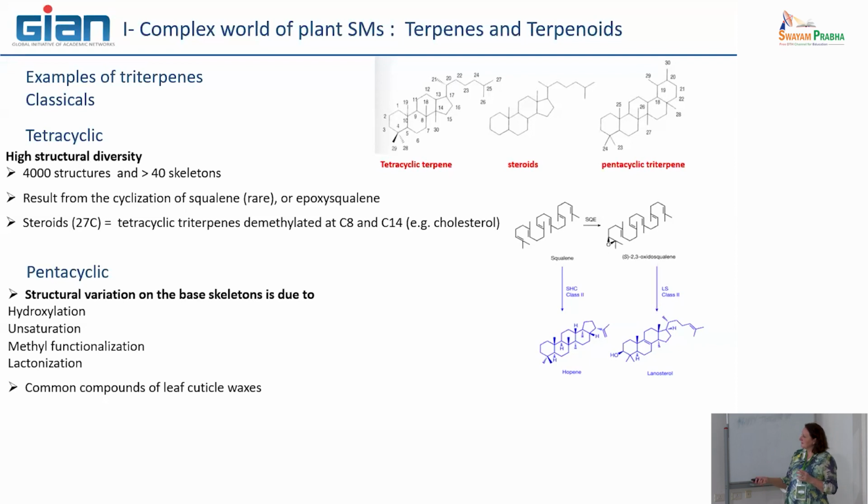In particular, these molecules are important in the cuticle of the plants. This is a particular thin layer that covers all the plants to protect the plant from transpiration, meaning loss of water, and also it is always a way to protect them from UV.